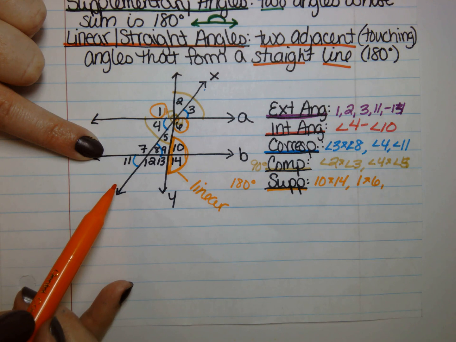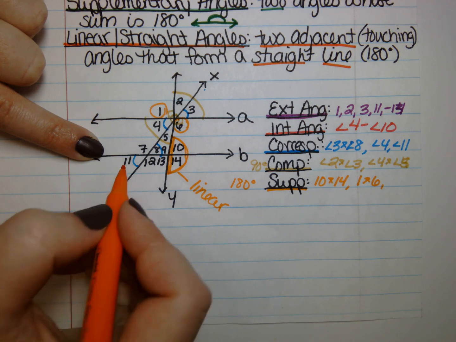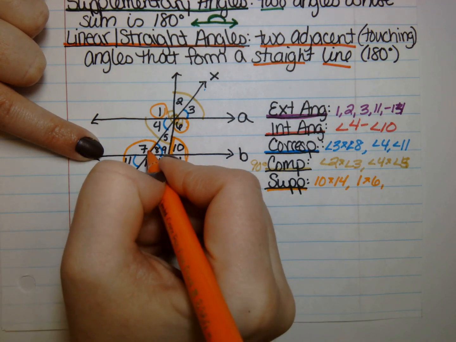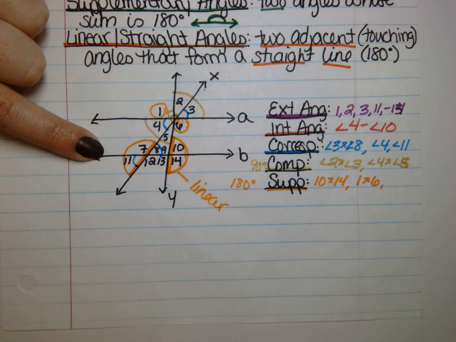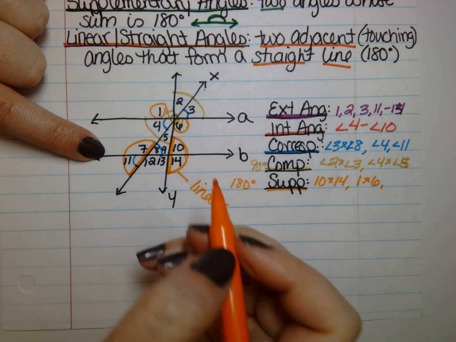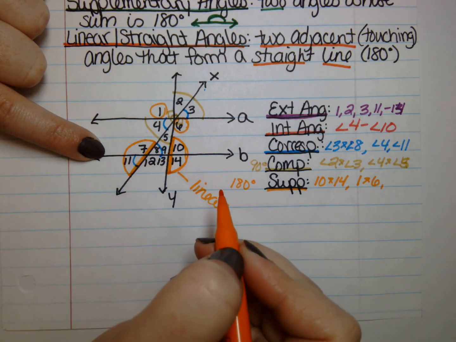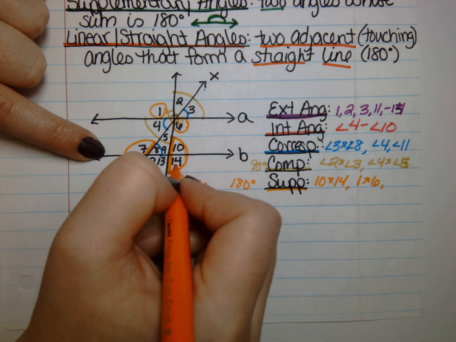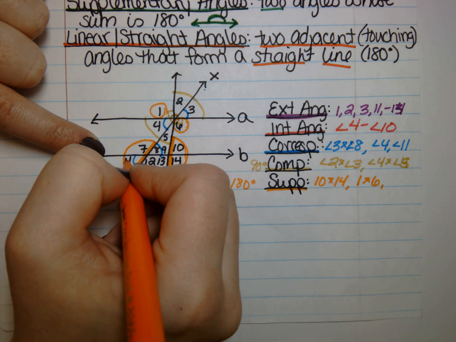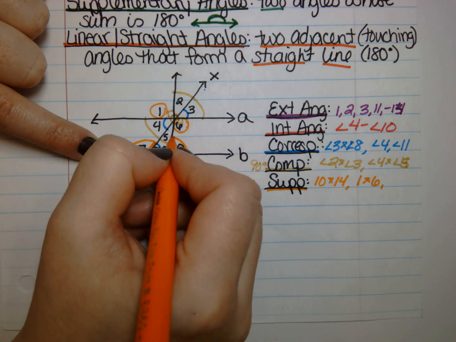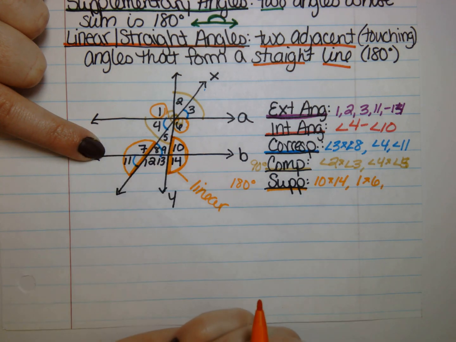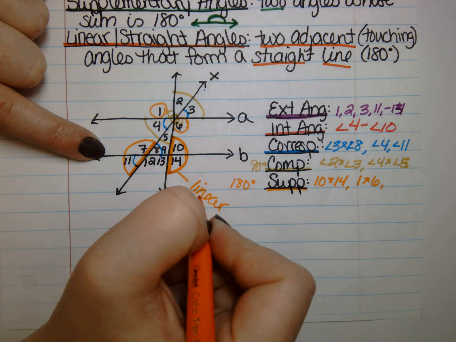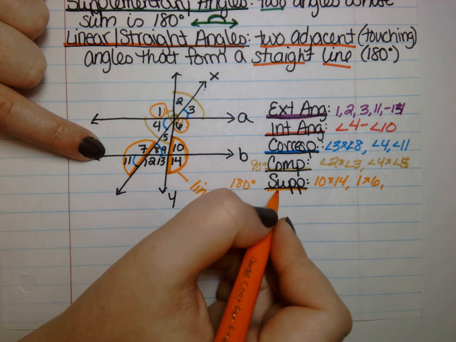If I'm looking at terms on my transversal, again, you can draw your half circle on 11 and 7 because they form that linear line. It doesn't have to be a vertical line. It doesn't have to be a horizontal line either. They just have to form a straight line in order for it to be a linear, and all linears are supplementary.